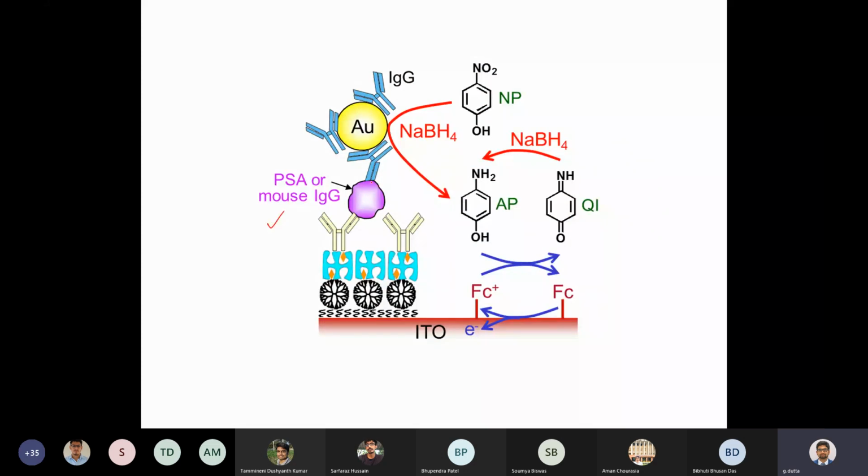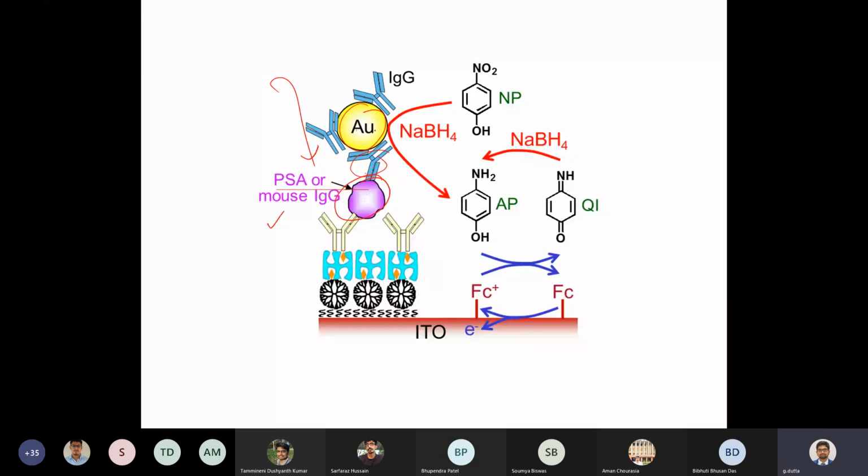See, if your surface contains prostate-specific antigen, then only gold nanoparticle will bind. Right, Bhupendra? Is it clear for you? If prostate-specific antigen is there, then only AU will bind. Otherwise, AU will not bind, because the secondary antibody that is conjugated with gold is very specific to the target.